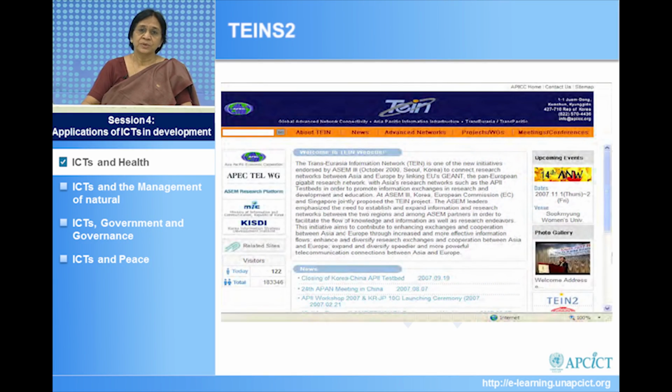TIENS 2, which is the Trans-Eurasia Information Network, is one such network being created to provide the linkage between medical practitioners of different countries in Asia. It is worth exploring because it actually covers regions in Central Asia which, particularly on health goals, are gradually showing signs not of progress but of regression.